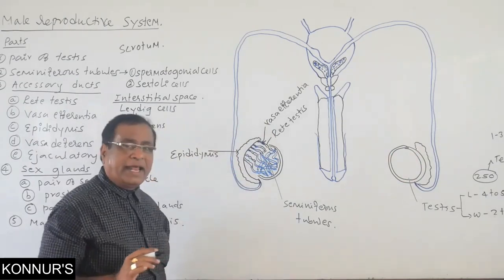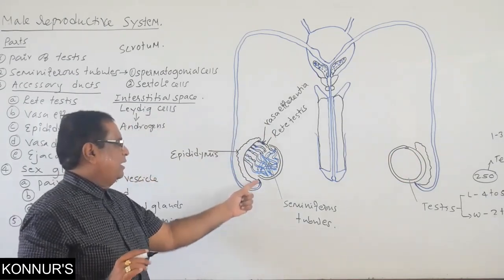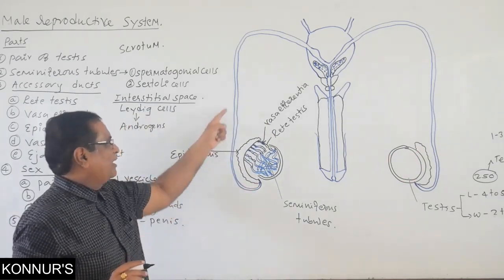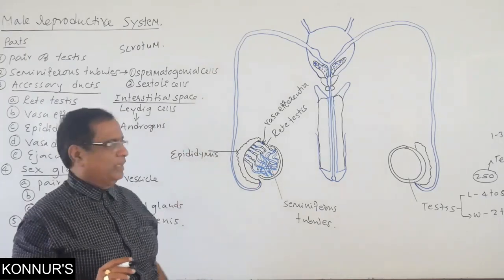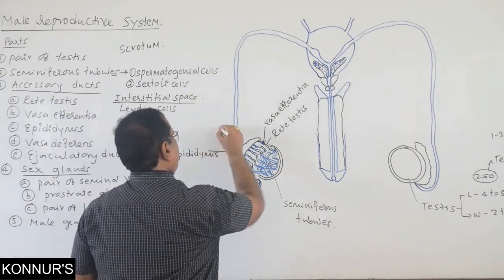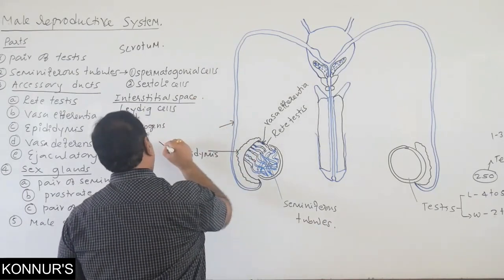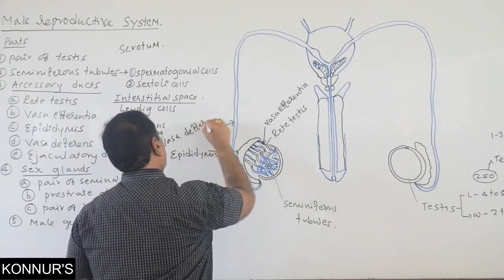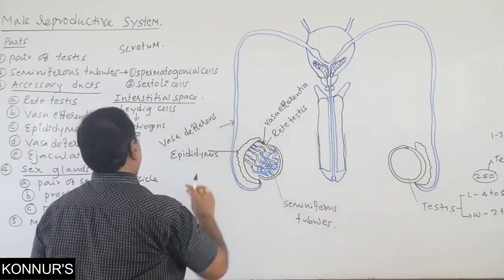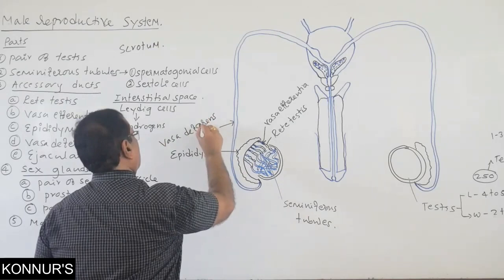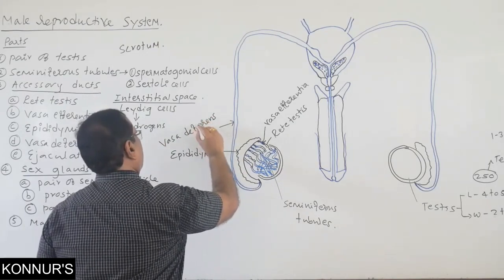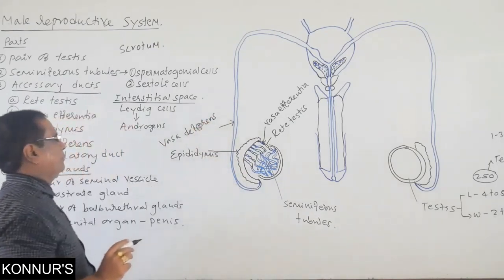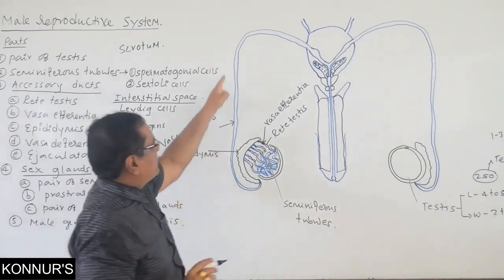And from this epididymis there is an ascending duct. This duct is named the vasa deferens. This is the vasa deferens.